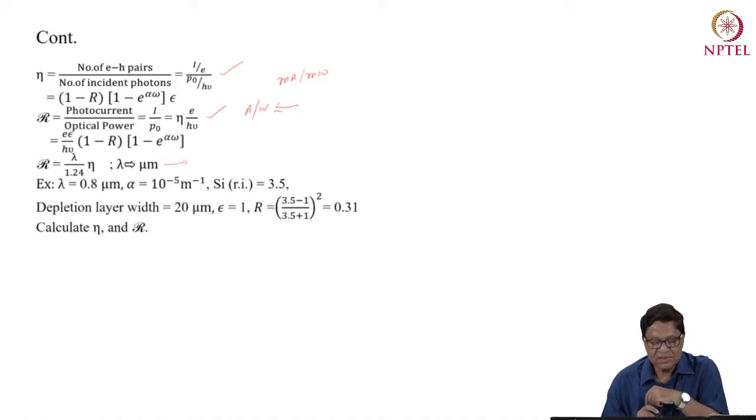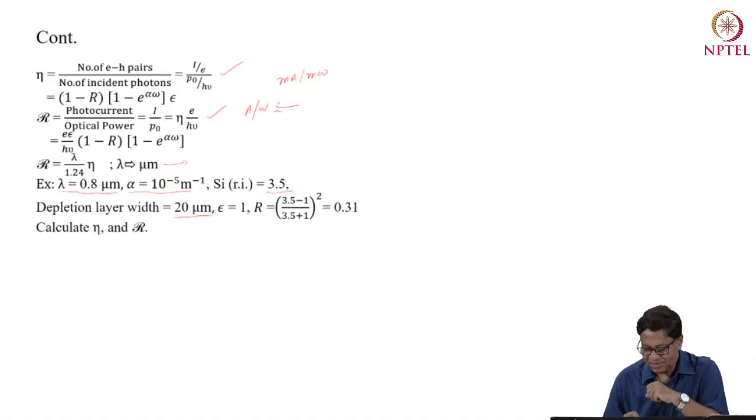So an example, just to give you some feel of the values: if I'm operating at lambda equal to 0.8 micrometer or 800 nanometers, and the absorption coefficient is 10 raised to 5 per meter, and I'm using silicon as the semiconductor material, the refractive index is 3.5, and the depletion layer width, which is the W in my case, is 20 micrometer.